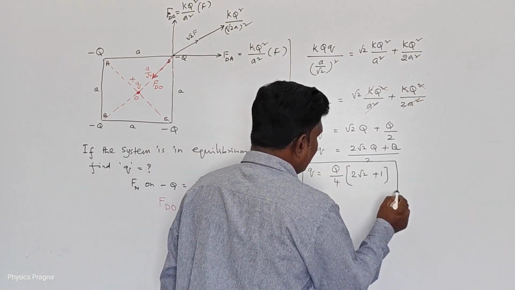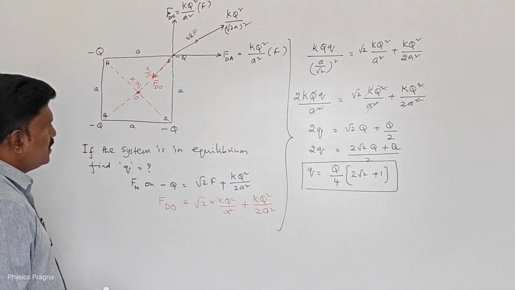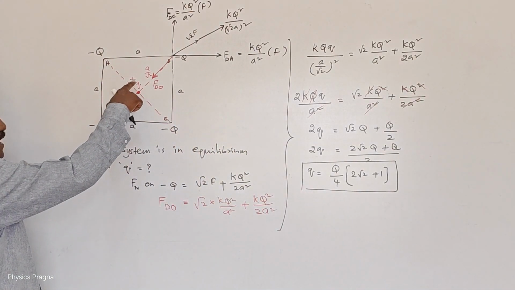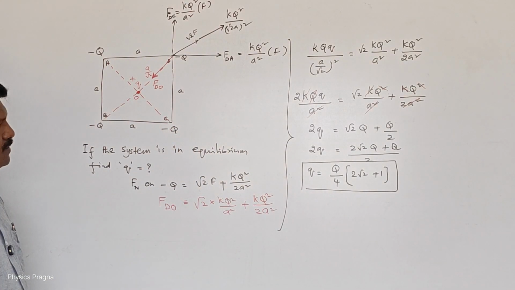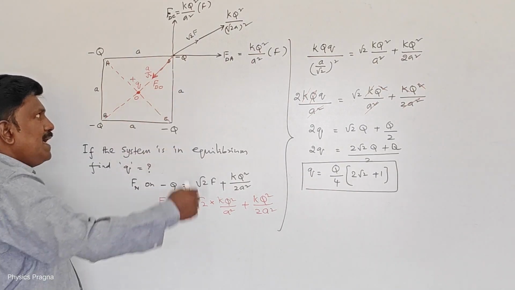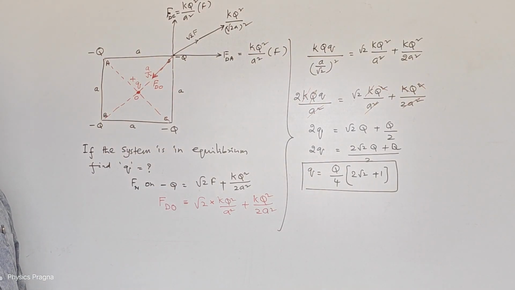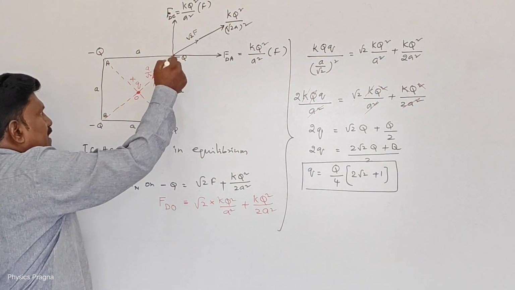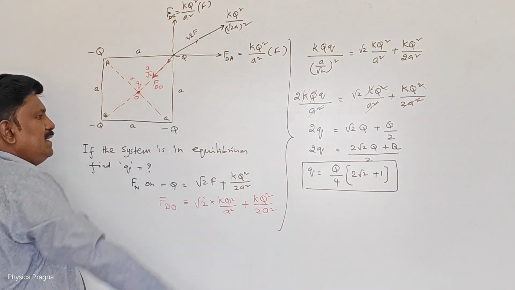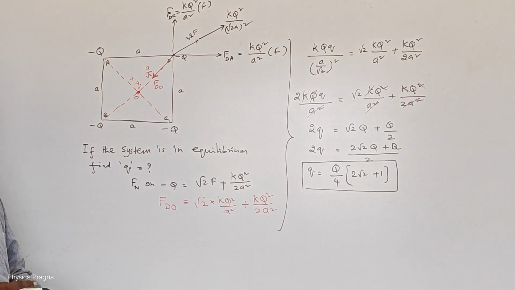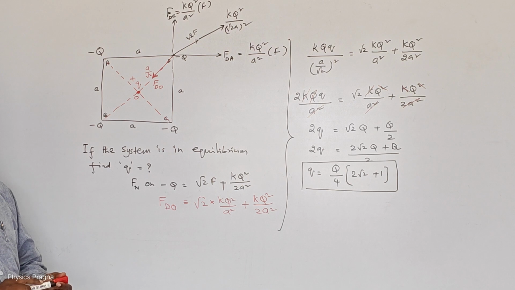So this is the value of charge q at O. That charge must be positive so that it can attract the minus Q there and nullify the forces in the opposite direction.